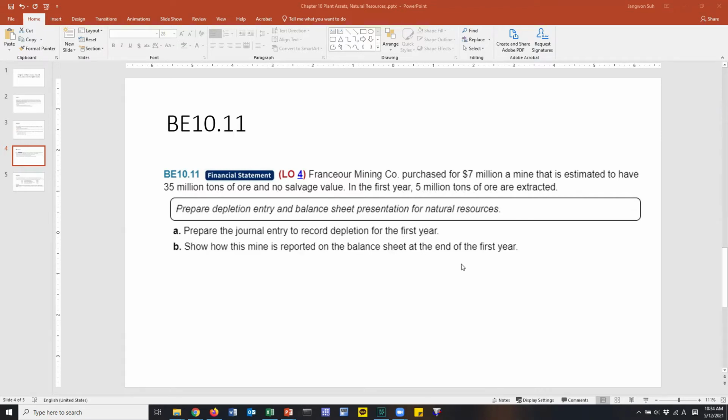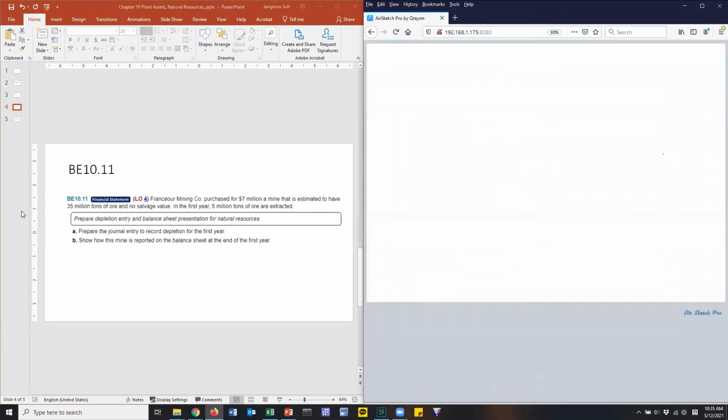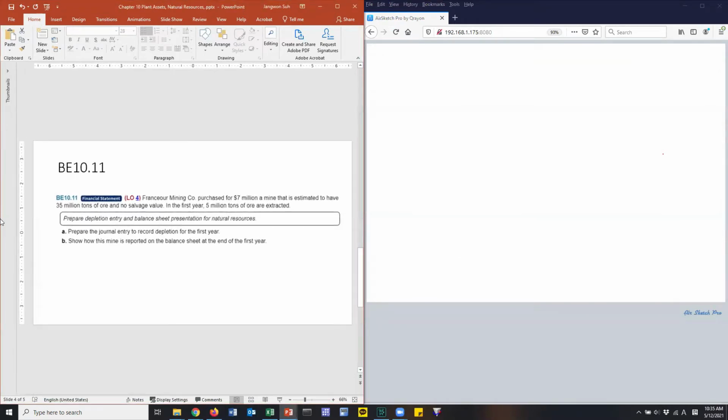Okay. The given data is the mine is valued at 7 million, with an expectation to extract how many tons? 35 million tons, right?